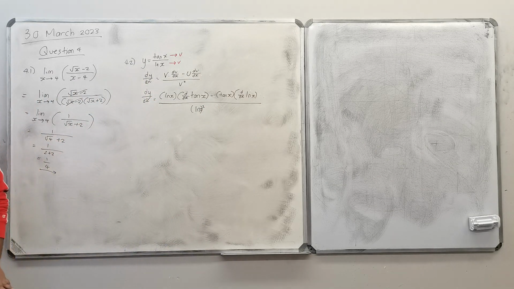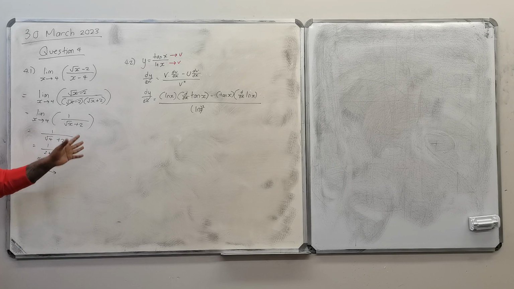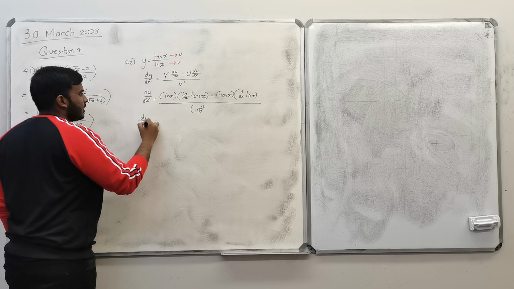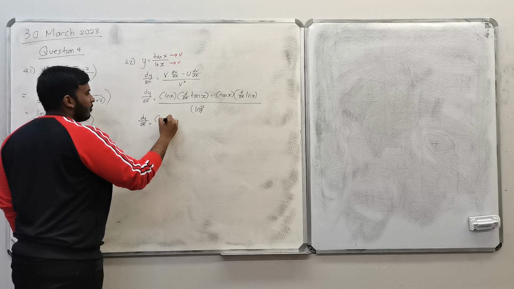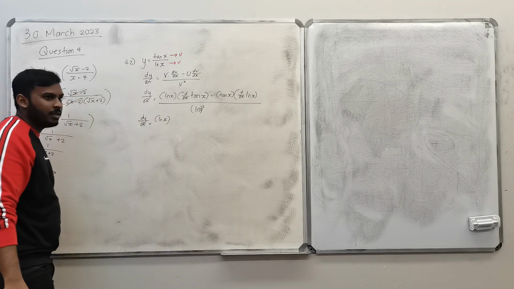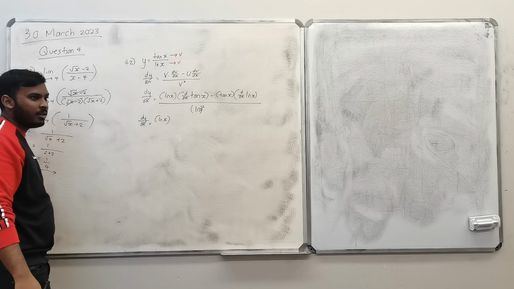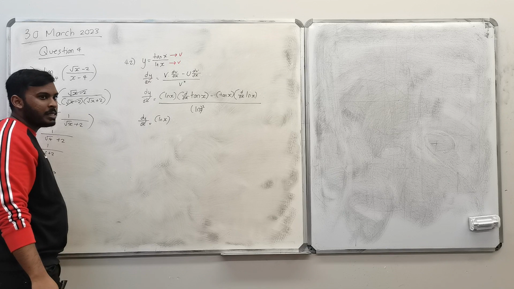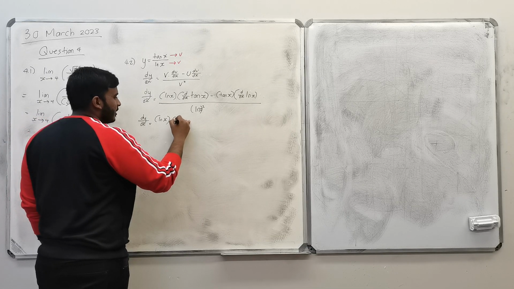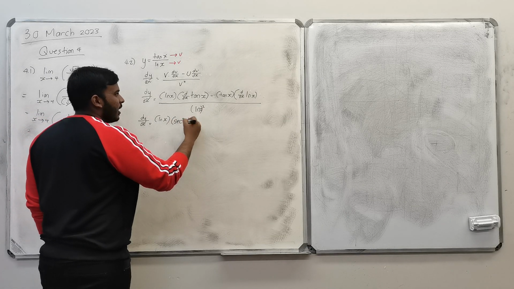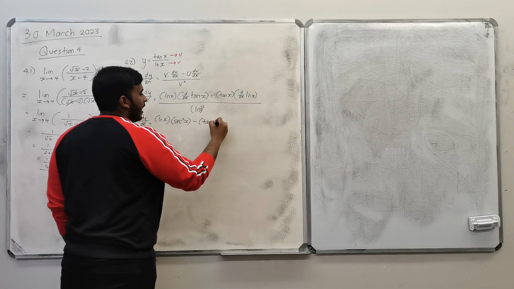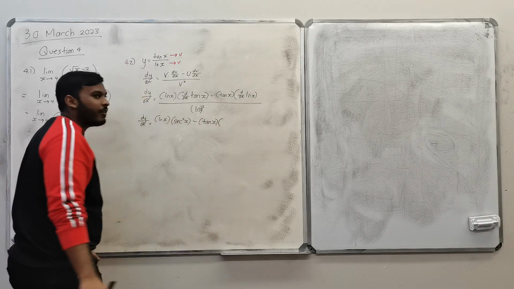You know this, right? So dy over dx is equal to ln of x times, what's the derivative of tan x? It's sec squared x. So sec squared x, minus tan x times the derivative of ln of x.